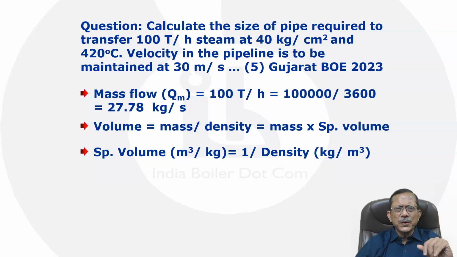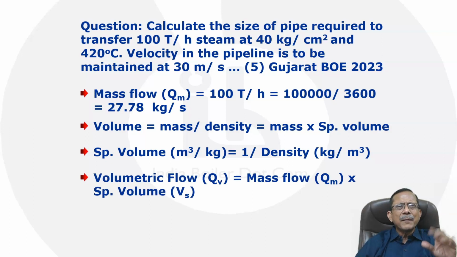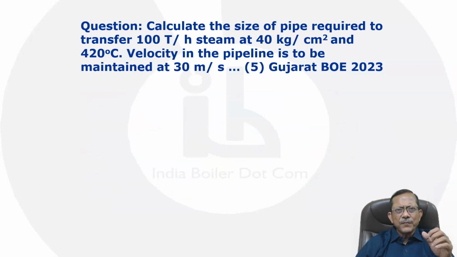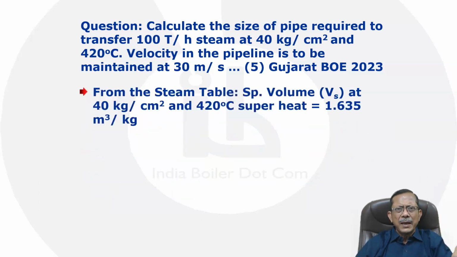However, at this point of time, let us say that the volumetric flow in this case will be the mass flow into the specific volume, and the specific volume from the steam table at 40 kg per centimeter square, you have to consider it as absolute, and 420 degrees centigrade superheated steam will come to 1.635 meter cube per kg.